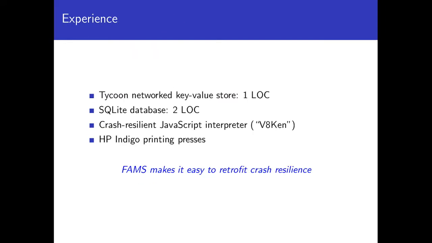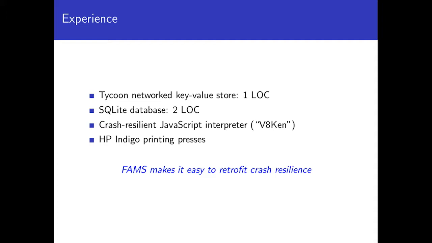Okay, so we have a lot of experience applying failure atomic msync in applications. The first 2 bullet points here are essentially similar. There's a networked key value store called Tycoon, and there's an embedded SQL database called SQLite, that both have a curious property.